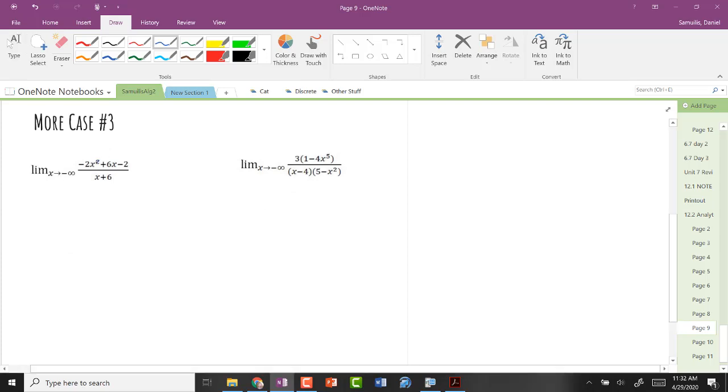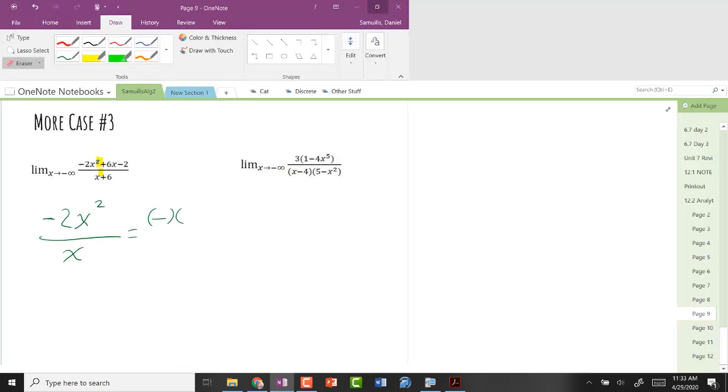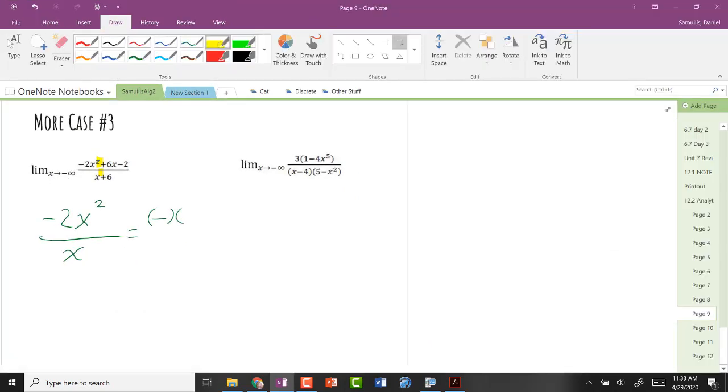All right, so degree 2, degree 1. The degree of the numerator is greater than the denominator. I have a negative leading coefficient, x squared, and an x. So I'm taking the negative 2, it's just a negative number. And now what's happening is I'm plugging in negative numbers.